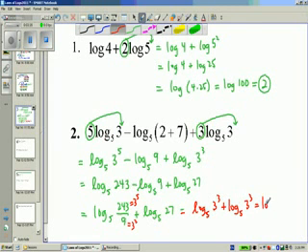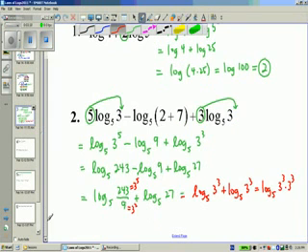Plus means to multiply them. So log base 5 of 3 cubed times 3 cubed gives me log base 5 of 3 to the 6th, which should be 243 times another 3, 729.